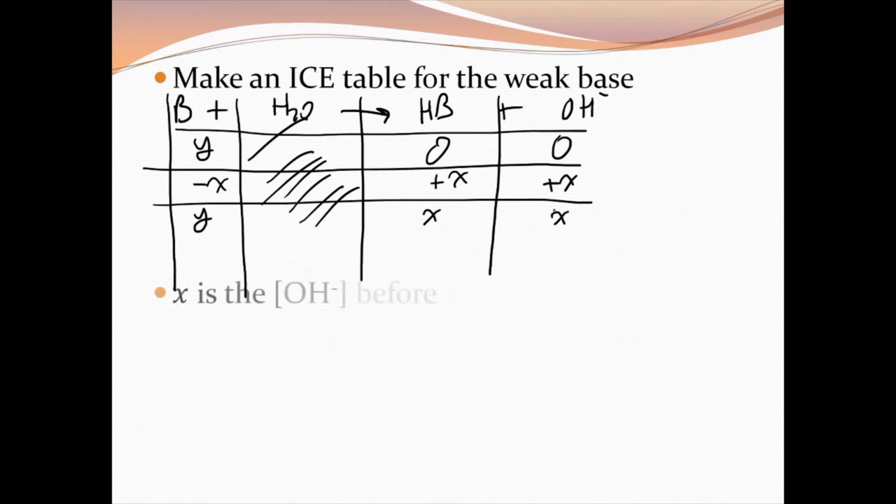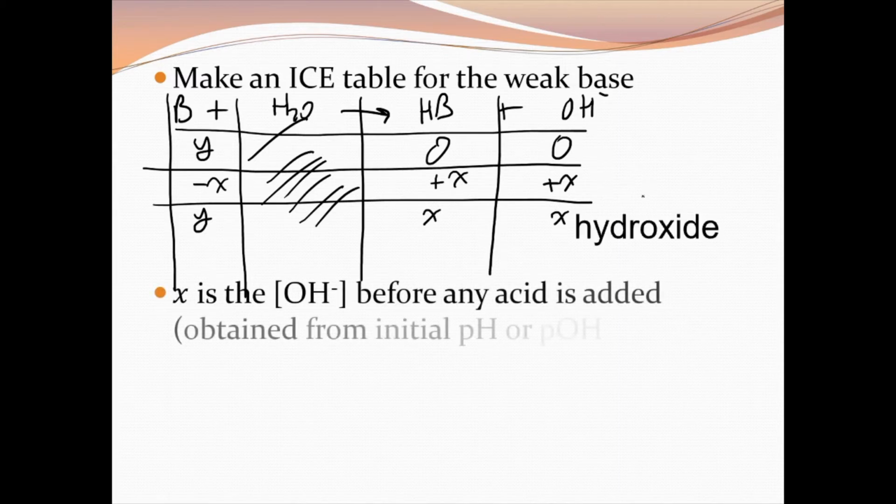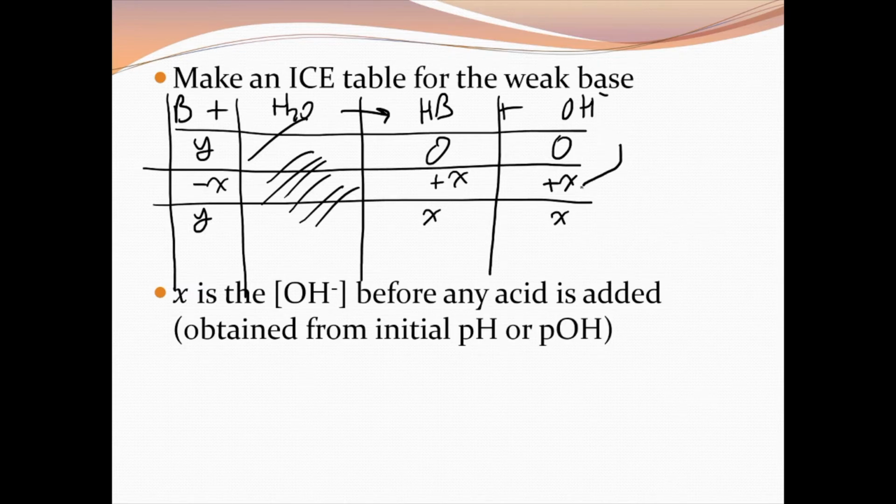Now, the x is the concentration of hydroxide before any acid is added to this situation. So this number here is the concentration of hydroxide at initial pH. This really becomes not initial pH but initial pOH, because it's a hydroxide. So this becomes 10 to the negative pOH.